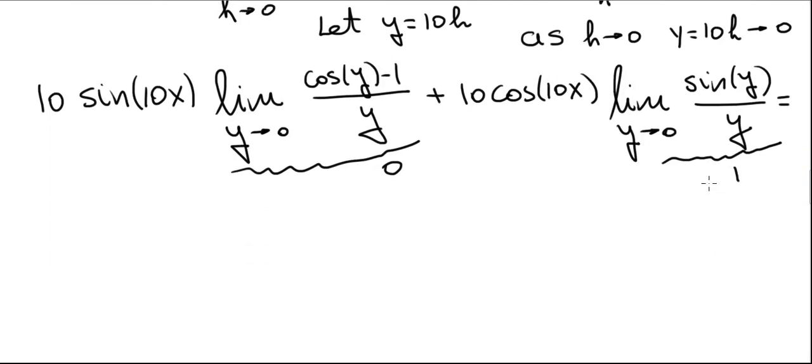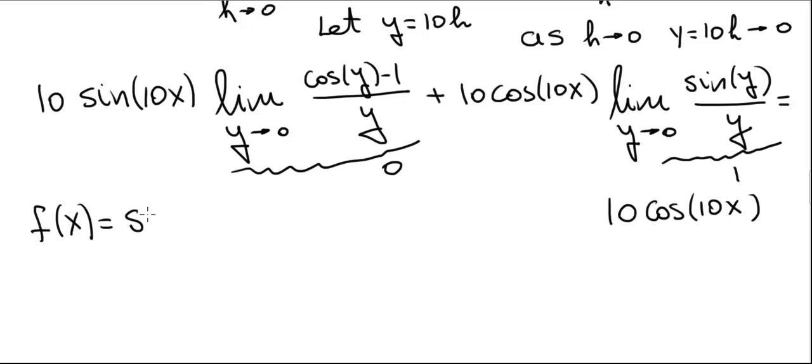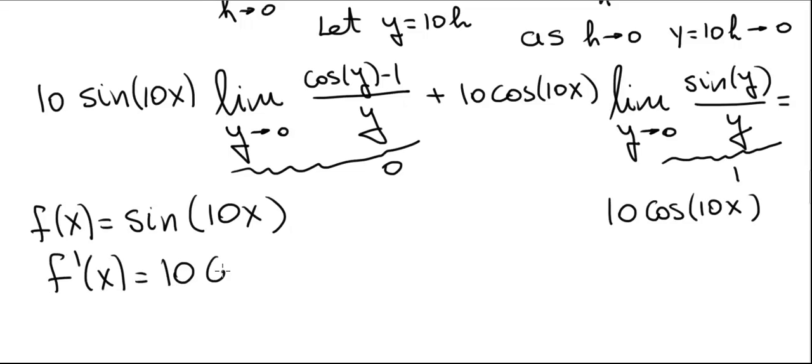So this is equal to 10 times cosine of 10x, which is our derivative. To summarize, if f of x is equal to sine of 10x, we just used the definition of the derivative to show that f prime of x is equal to 10 times cosine of 10x.